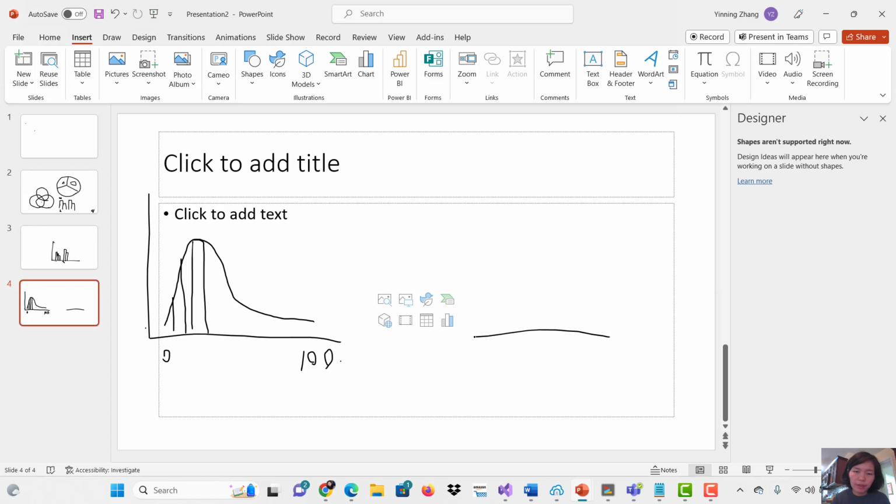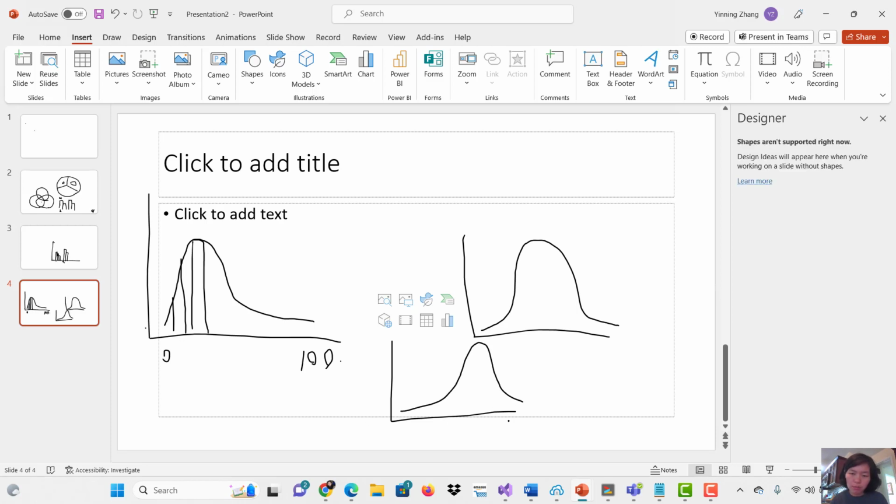Okay, if this class has a symmetric distribution, even though the average could be the same, in this class there are more students who have lower scores, which is not good. Compared to this one, it may skew to the left, right?